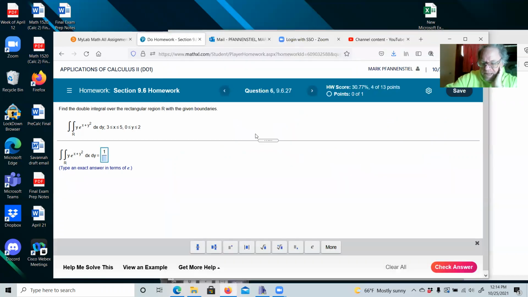Okay, so this is 1/2 times parentheses e to the 4th minus 1, e to the 5th minus e to the cubed.